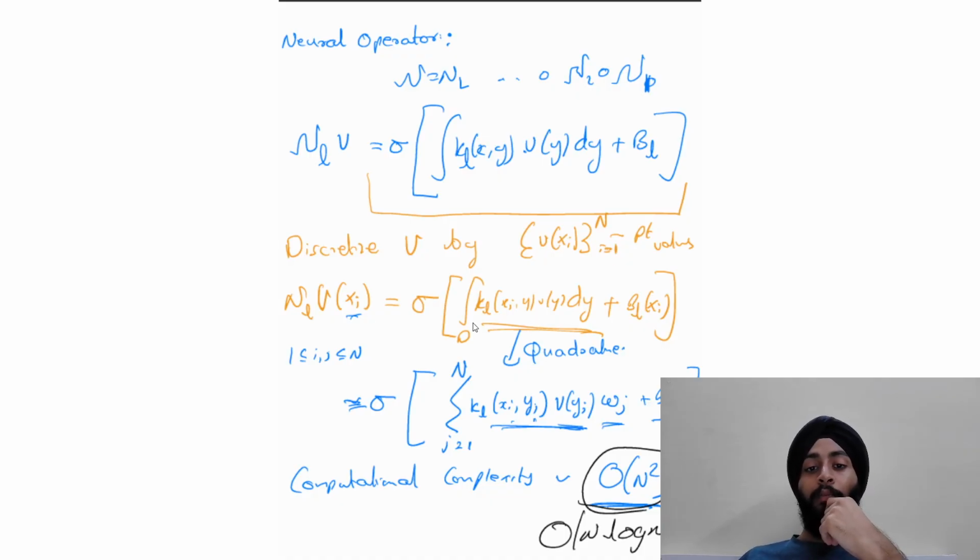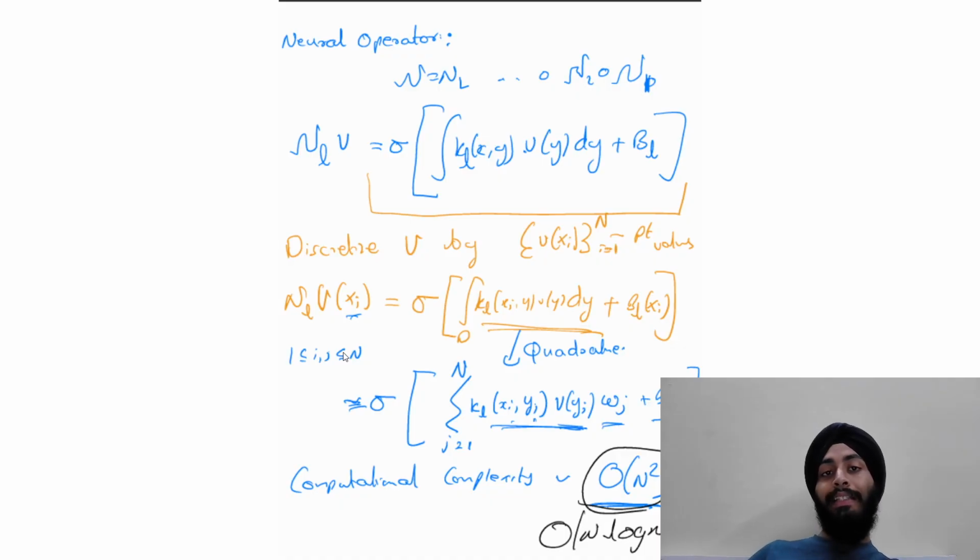So again, I approximate this integral using the quadrature rule, and using the quadrature rule this can turn into a summation, and this w_j will be 1 over n. So this is basically averaging, 1 over n times k_l(x_i, y_j) times v(y_j) plus b_l(x_i). So this is essentially the computation that I will be doing for a neural operator, and this will go for all i from 1 to n.